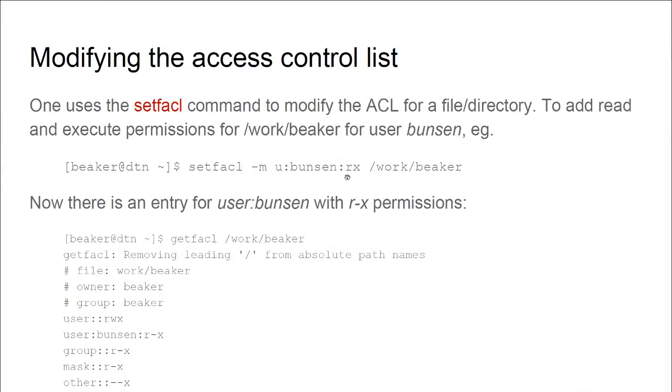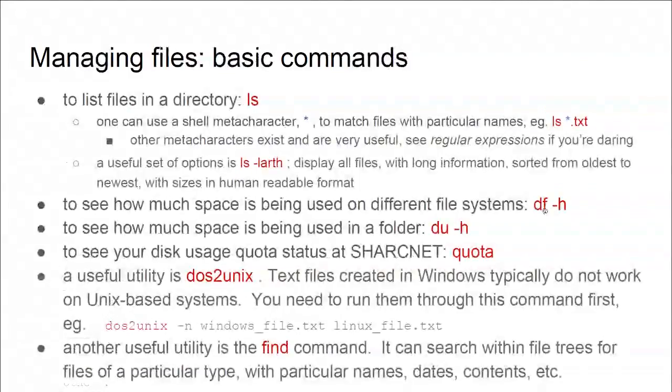So it could be rx, rwx, for example, followed by the file or the directory that you want to set it on. Now if we run that command and look at the file access control list on this file again, you can see that it's added an entry for user Bunsen, and it's specified that they should have read and execute permissions only. So that's just a nifty trick to get past the basic chmod command.